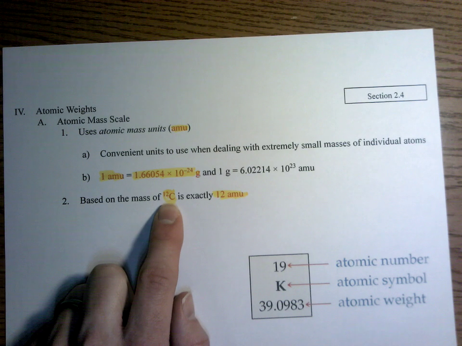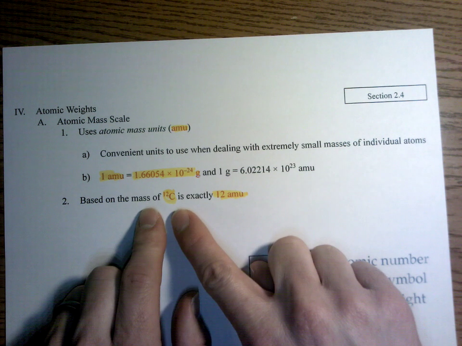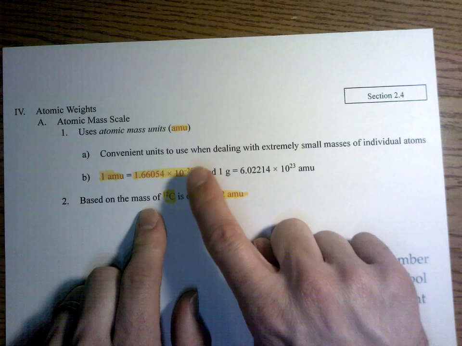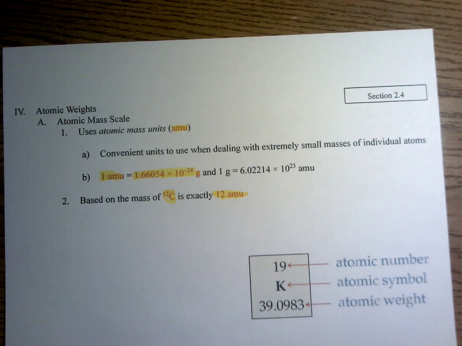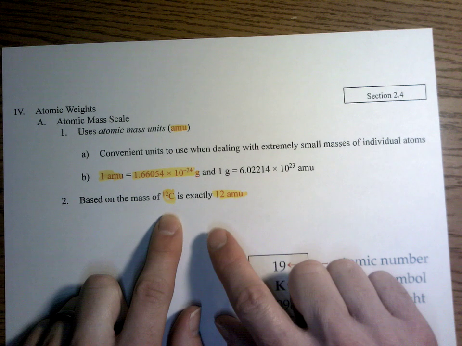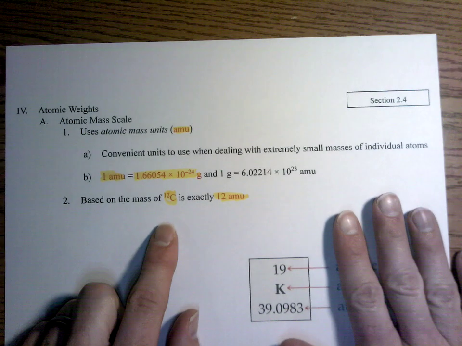What they did is they said a carbon-12 isotope has exactly 12 AMU. So that's where they got this basis of the number. Now, they used to use hydrogen, but some numbers got controversial there. So the carbon-12 isotope is where we get the definition for 1 atomic mass unit.